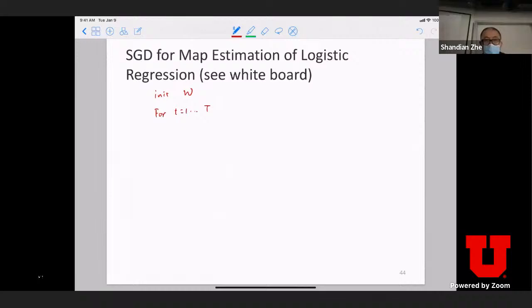Inside each epoch, you first do a random shuffle, and then you look at each training example xi, yi sequentially. And because we're conducting stochastic gradient descent, there is something we should be aware of.